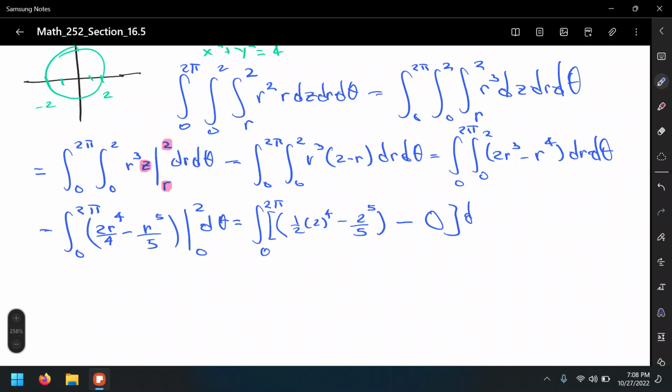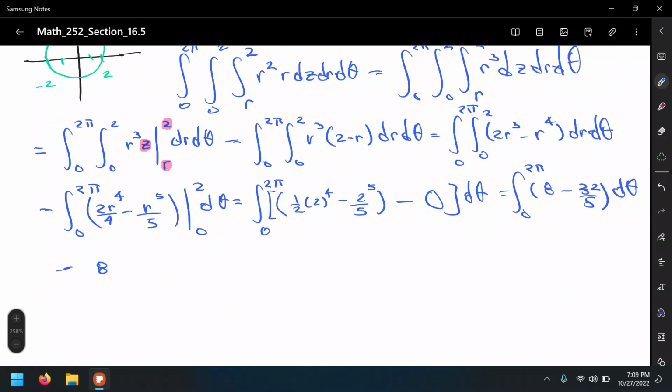To save time when showing this work. All right, so that's going to be 2 to the 4th, which is 16 over 2. That's an 8. Eight minus 32 fifths. And d theta, so what's 8 minus 32 fifths? So that's 8 times 5, that's 40. Minus 32, is that 8 fifths? Yep.